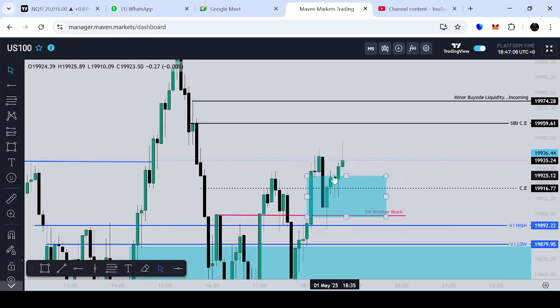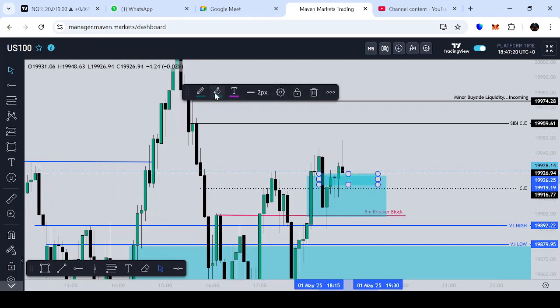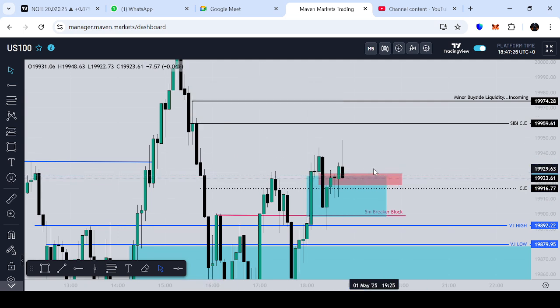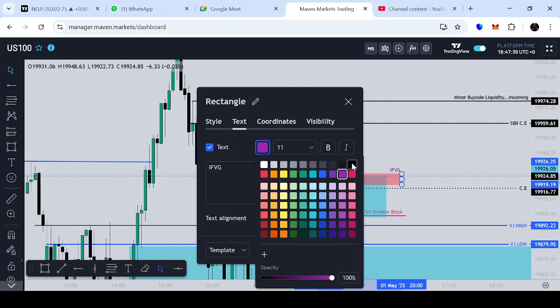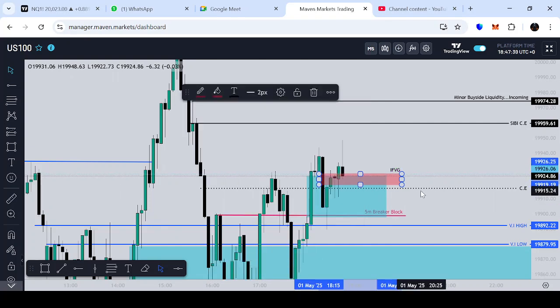That inefficiency, price has traded above the consequent encroachment and violated it. It's now going to act as an inversion. Price has violated the consequent encroachment, that's the 50% of that inefficiency.